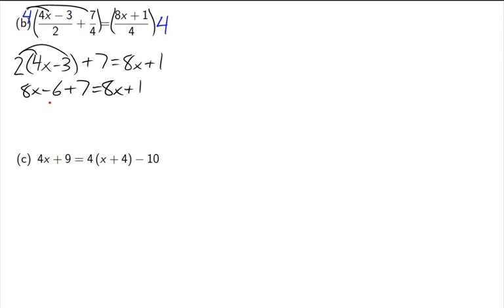And then if I combine like terms, I get 8x plus 1 on both sides. Now that is a little bit strange. 8x plus 1 on both sides. What I usually do when I see this is I go ahead and subtract off the variable. That way I'm left with a very obviously true or false statement. I get 1 equals 1. That is obviously true.